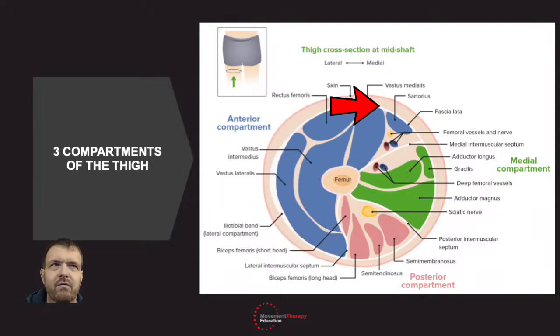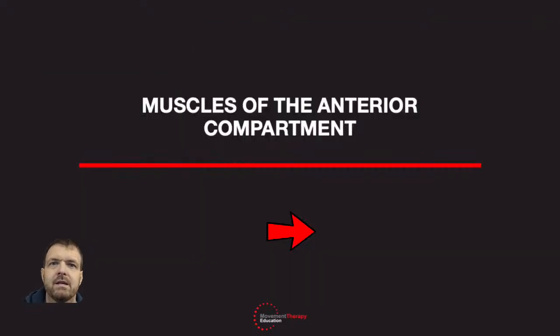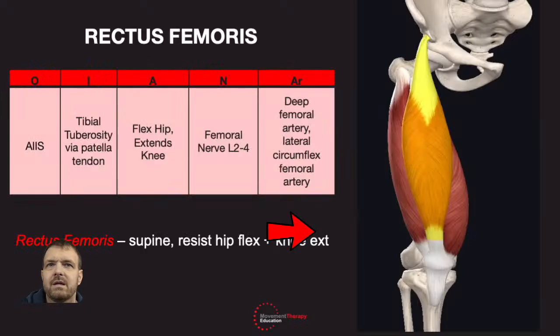We're going to focus on this anterior compartment today. Let's have a look. This is one of them, your rectus femoris muscle, the main thigh muscle at the front of the thigh.